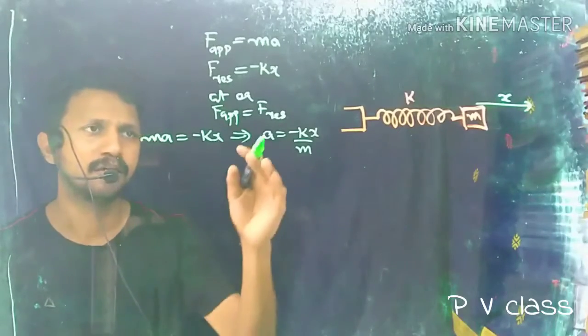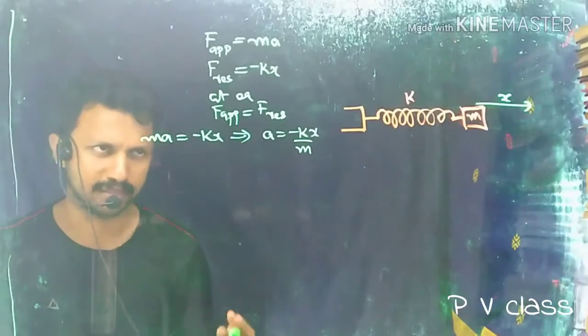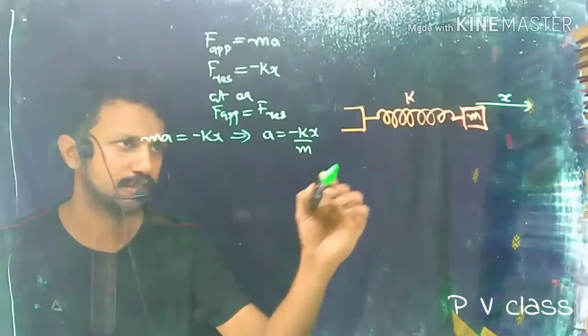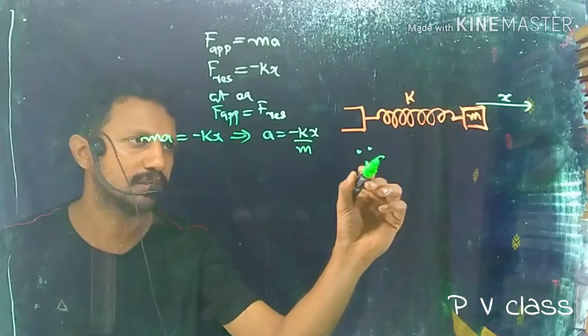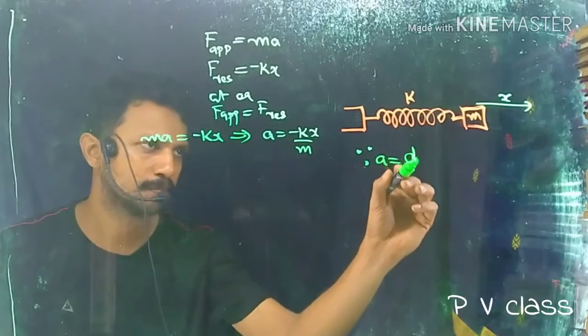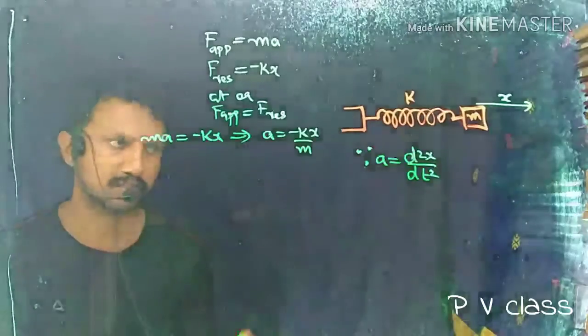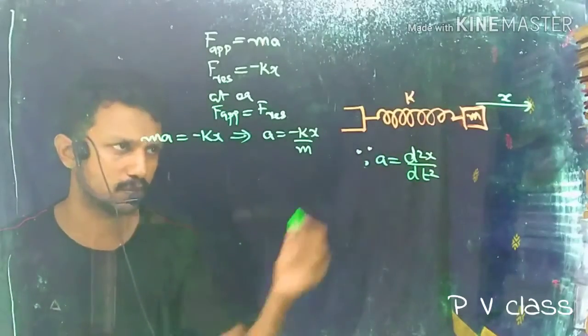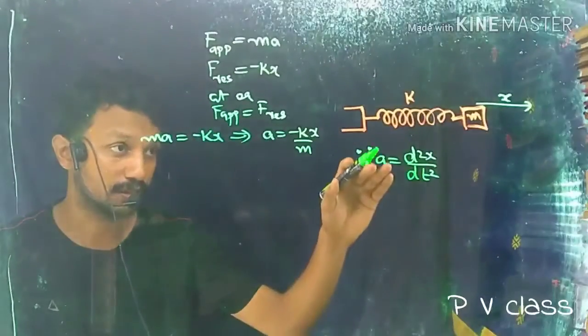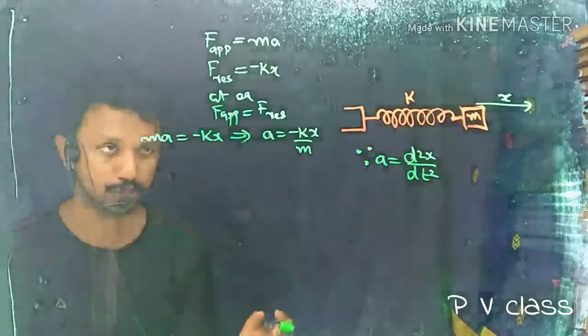Then let's substitute for acceleration. A is acceleration, and acceleration can be written as d square x by dt square. X is displacement. Acceleration is the second derivative of displacement.